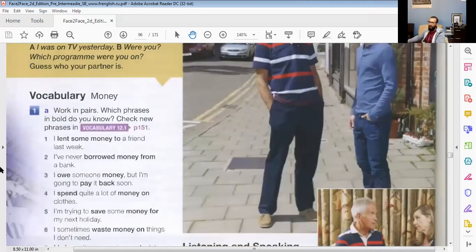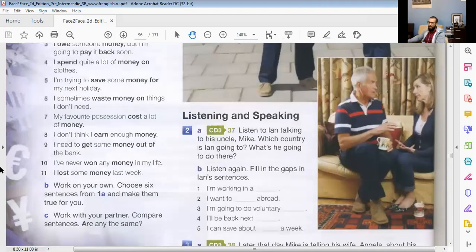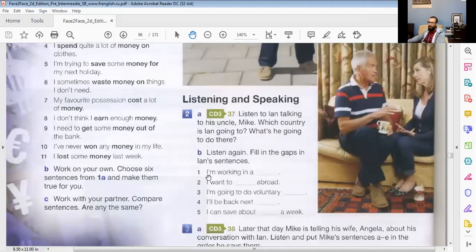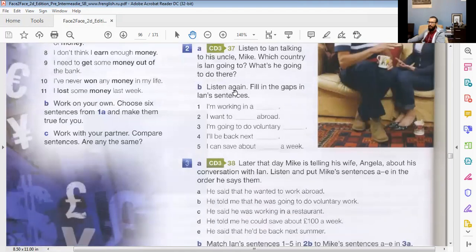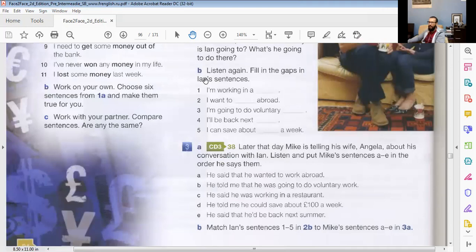Okay, so this was the first part of the question. Now, let's see if you can fill in the gaps here from this story. So it says here, listen again, fill in the gaps in Ian's sentences. So what did Ian say exactly? I'm working in a restaurant. Okay. And what about number 2?